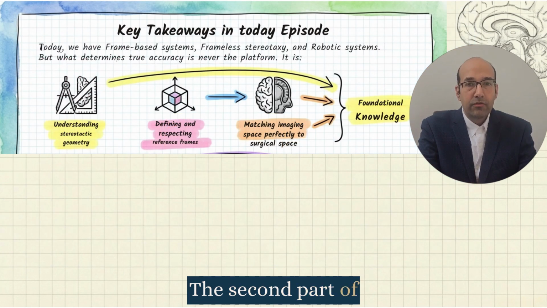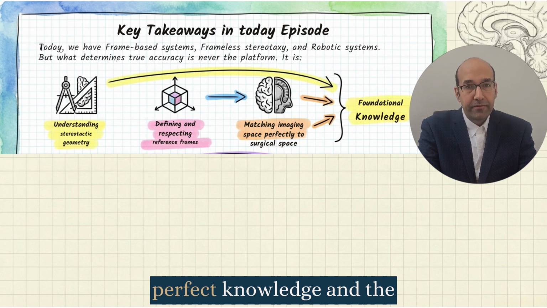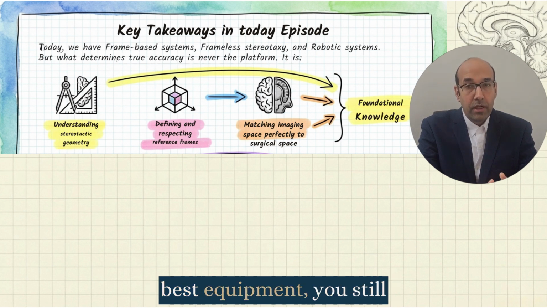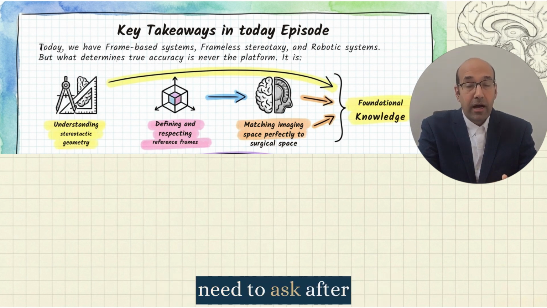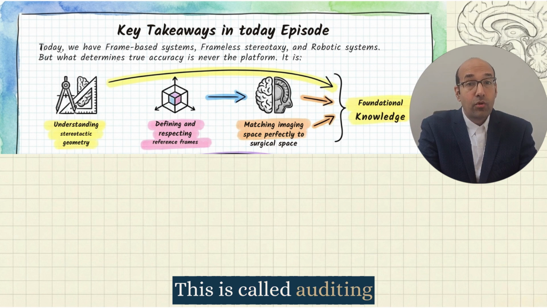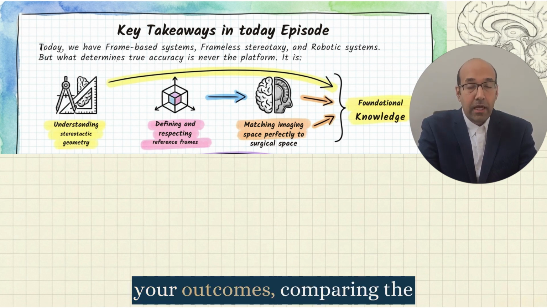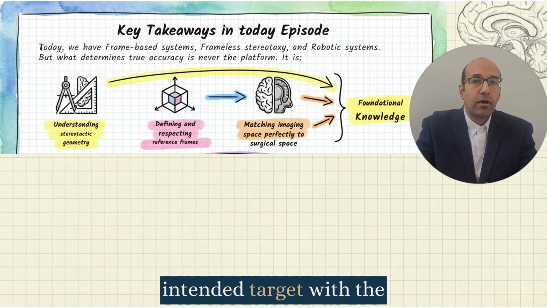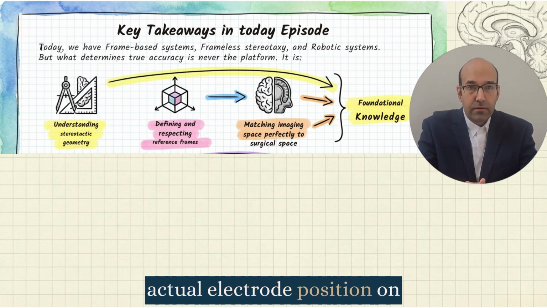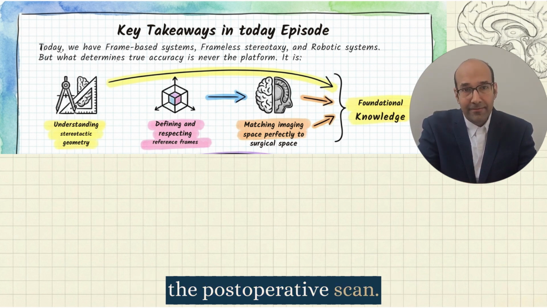The second part of the key message is about improvement. Even if you have perfect knowledge and the best equipment, you still need to ask after every case. Did we actually hit the target we planned? This is called auditing your outcomes, comparing the intended target with the actual electrode position on the post-operative scan.